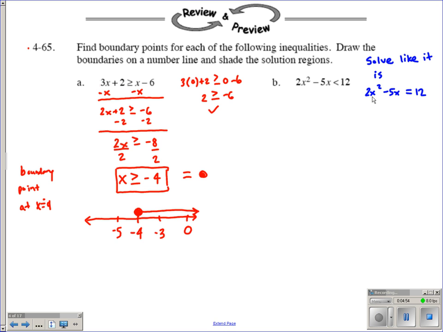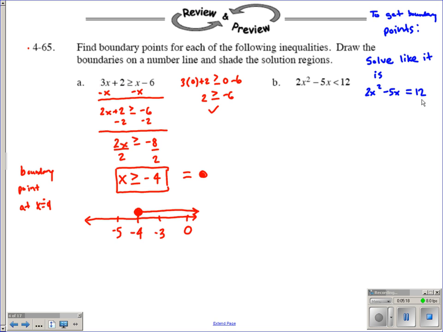If you solve it just like it's this equation here, this is to get your boundary points. So let's write that up here. To get boundary points, you're going to solve like it is 2x squared minus 5x equals 12.